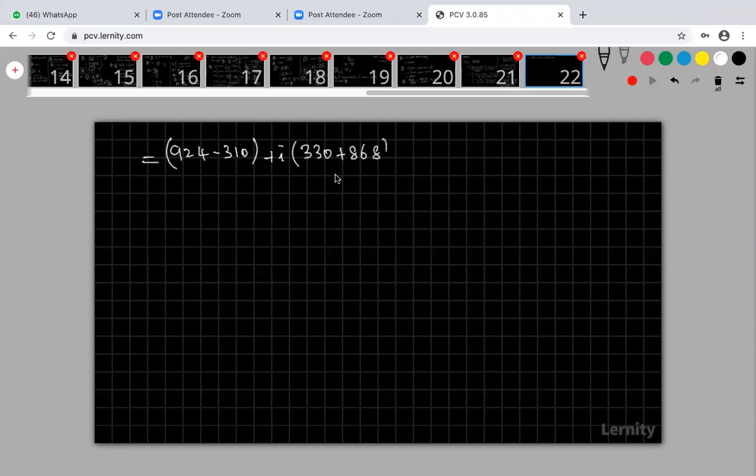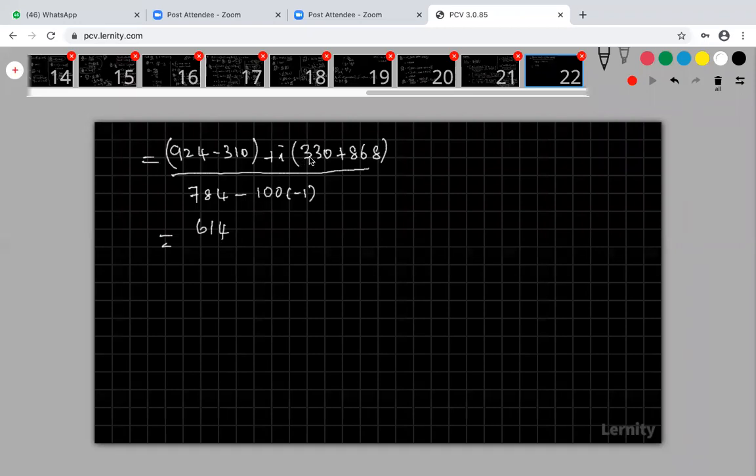Denominator 28 square. What is my 28 square? That is 784. Minus 10 square i square, that is 100 into minus 1. So therefore, this is 924 minus 310, which is 614.